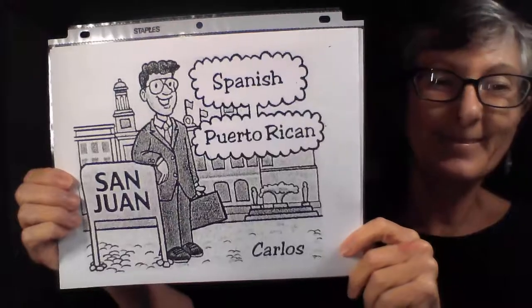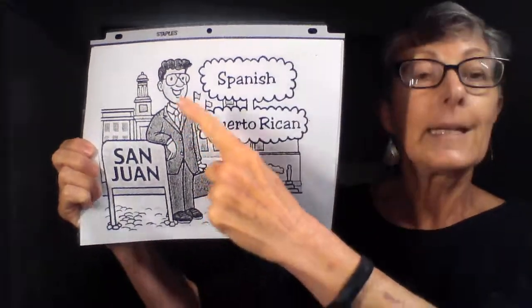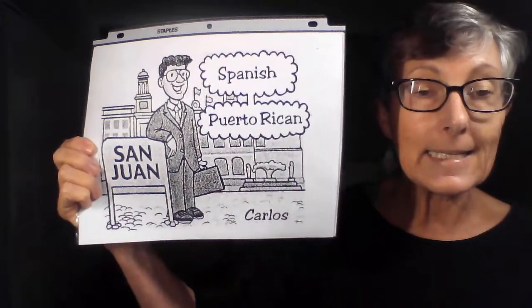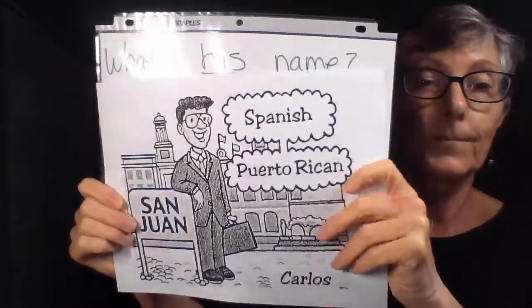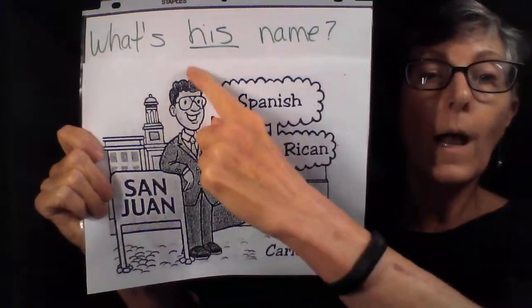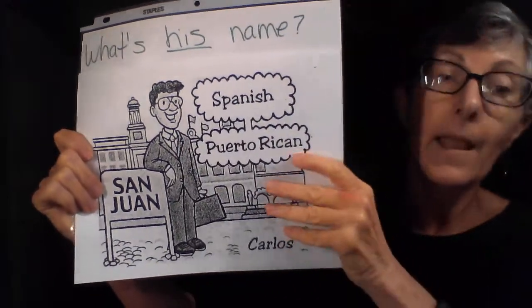Number two. Okay, so he or she, correct, he. For he, we use his. First question, question number 1. What's his name? Answer.